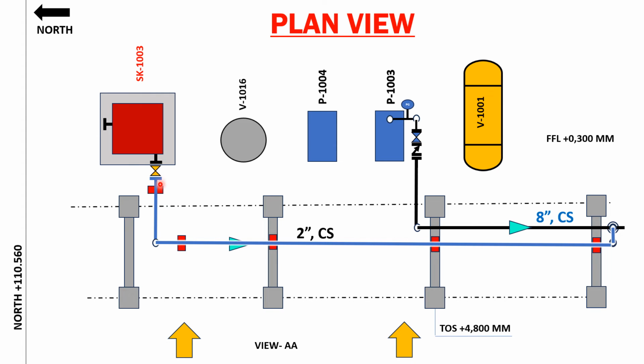See, if this length is shorter, then you don't have to provide this support. Shorter means how much? If this length is lesser than 1.5 meter, then you don't have to worry about this support actually. But if this length is more than 1.5 meter, then be cautious about the sagging part.